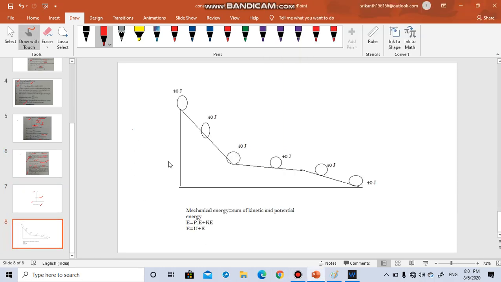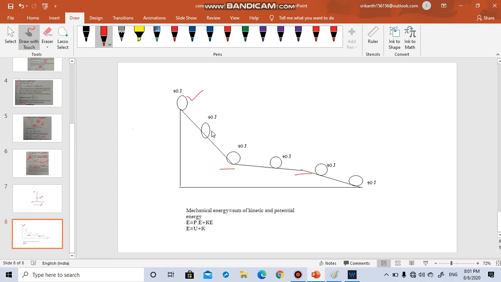Now see here, law of conservation of mechanical energy. Let me try to explain with the help of a simple sketch. Let us say this is some mountain. These are different points at different heights. This is a ball which is rolling down.